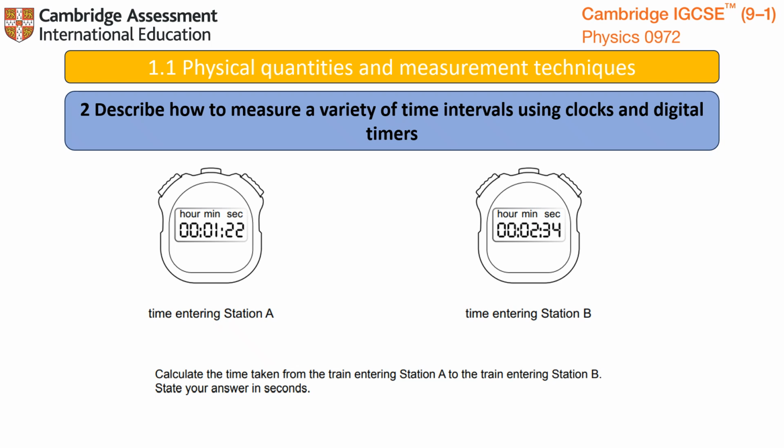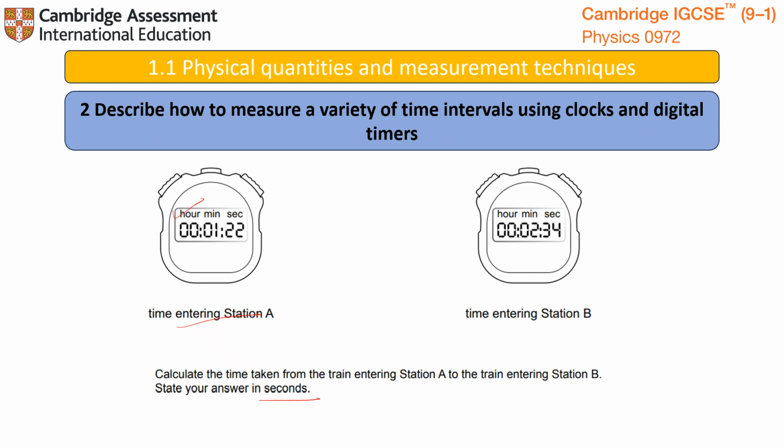we are given the time of a train entering station A and the time it is entering station B. Calculate the time taken from the train entering station A to the train entering station B and state your answer in seconds. So as I told, it is very important to look at the units.